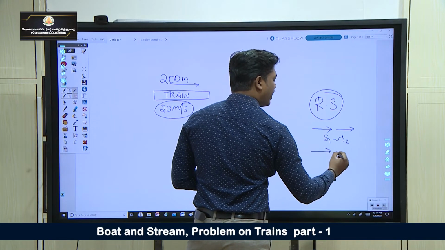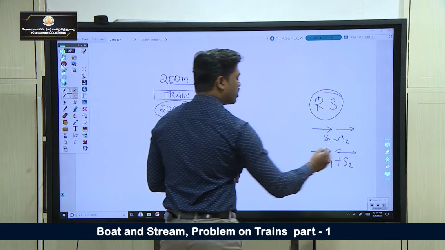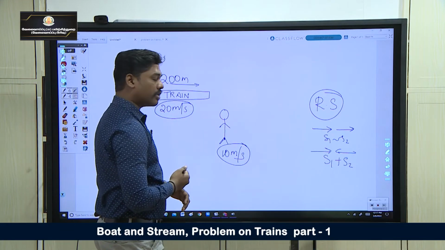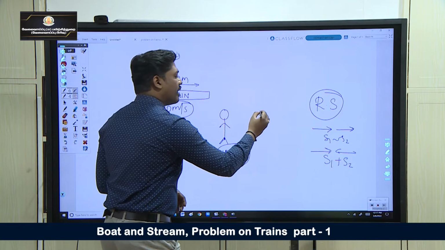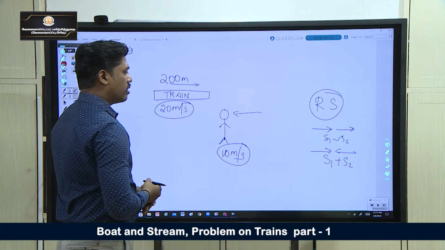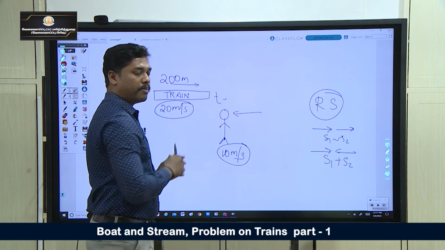Two persons moving in opposite direction, it is the sum of speeds. So if I know the person's direction, I can find the answer. For example, here I am telling he is moving in the opposite direction. So in how many seconds would the train cross him?